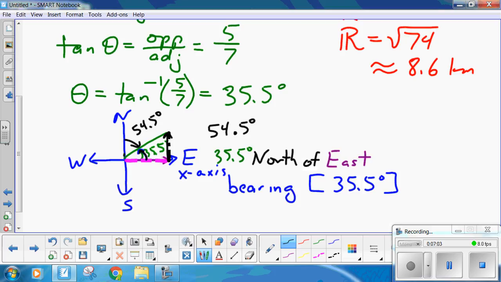And notice we go north, then east. So there's actually three ways to write this. 54.5 degrees east of north, 35.5 degrees north of east, or a bearing of 35.5 degrees. So I want you to review this, and then I'll stop the tape, review this, and we'll go on and do a couple more examples.